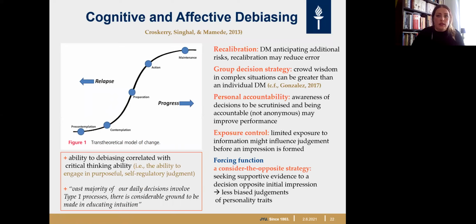Then more recently, in the discussion of debiasing, there's also affective debiasing. And this has been quite extensively studied in the medical domain of decision making.